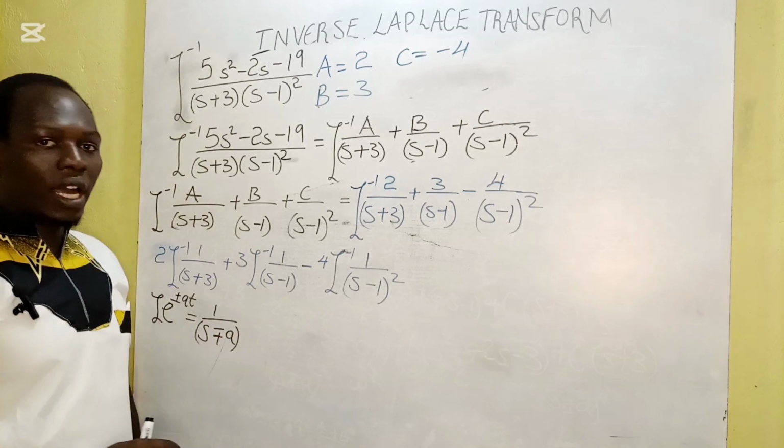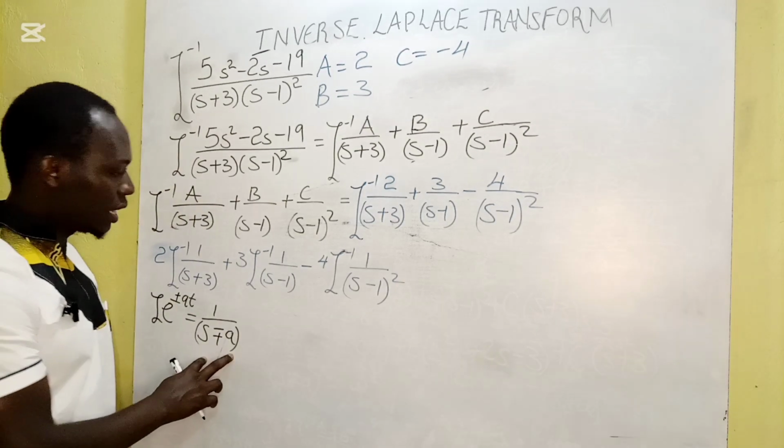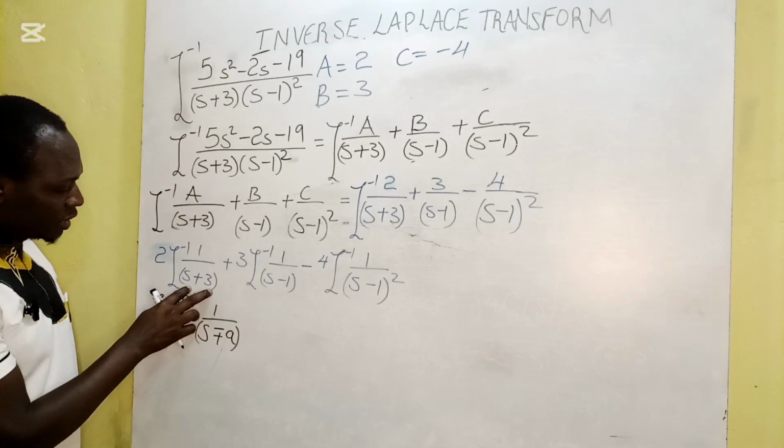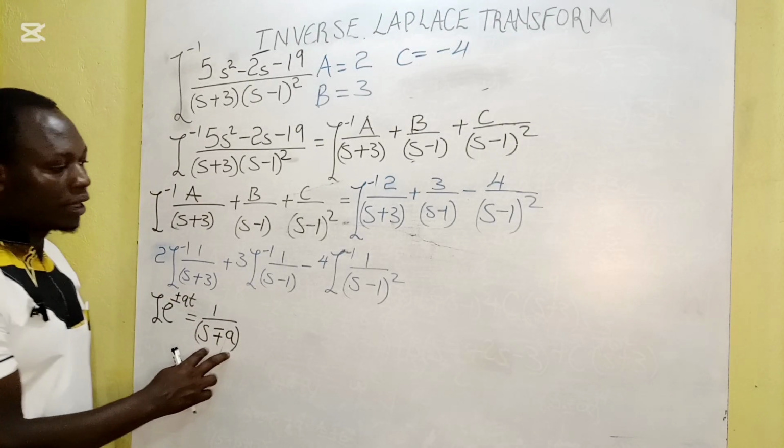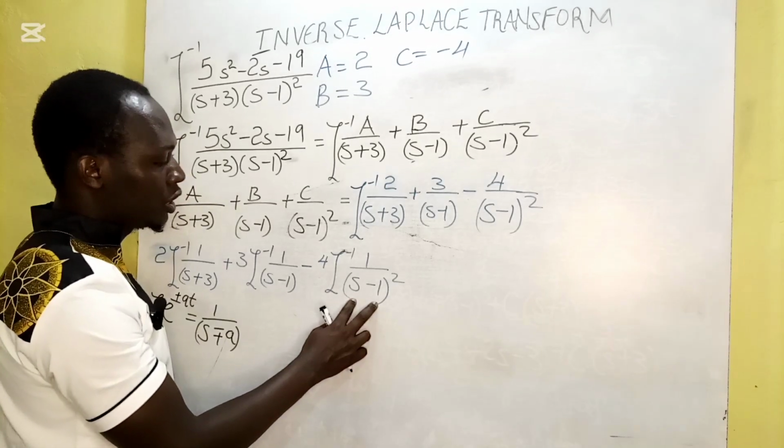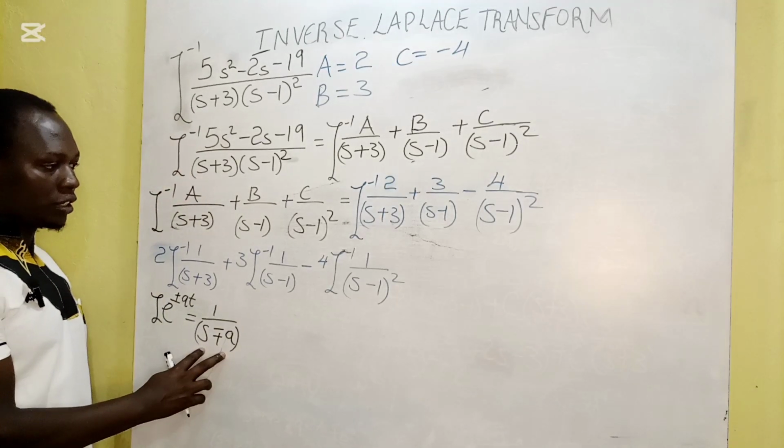This is what we agreed on. It means that when you check this function and this function, they match whatever we are having here. But when you check our function here, it doesn't match this function.